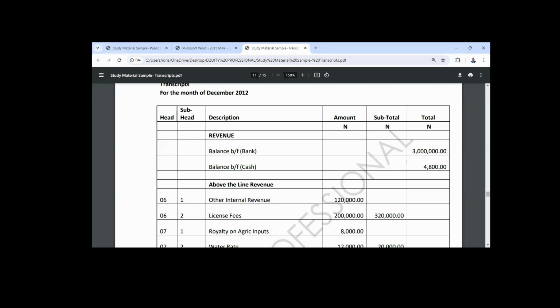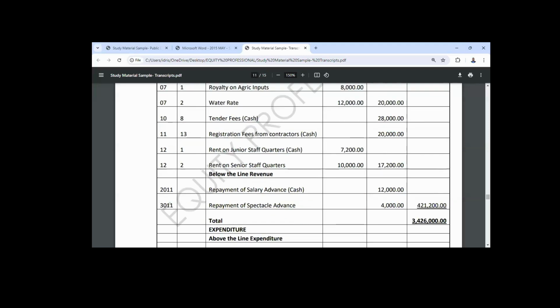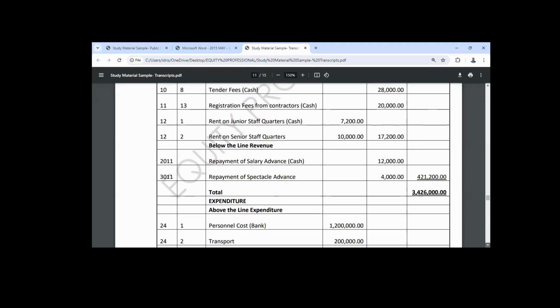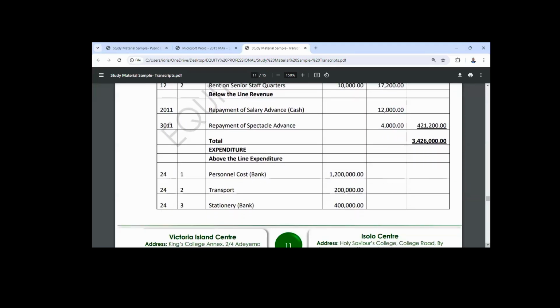Yes, sir. Okay. Expenditure side now. For the expenditure side, we will have above the line expenditure first. Above the line expenditure has to come before below the line expenditure. For the above the line expenditure, personnel cost is head 24, sub head 1.